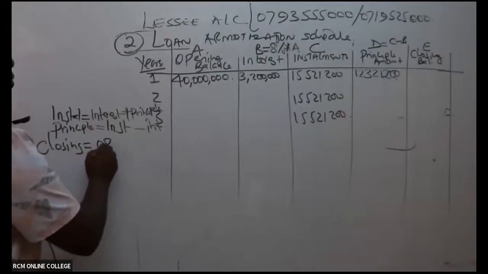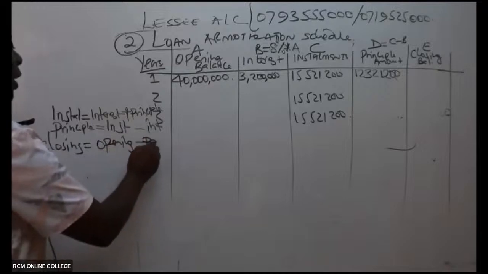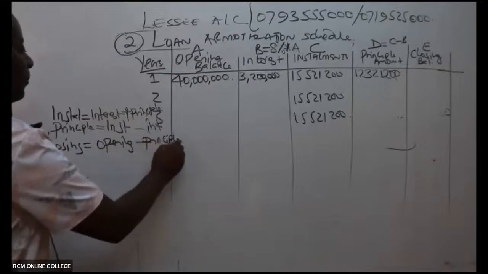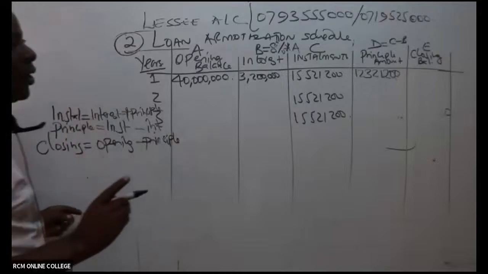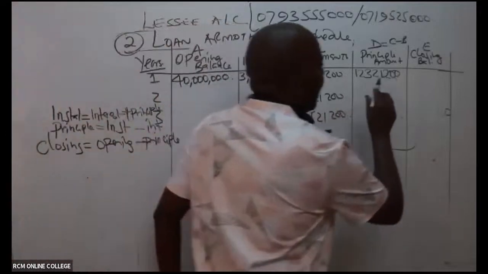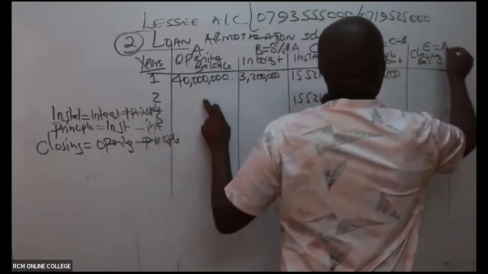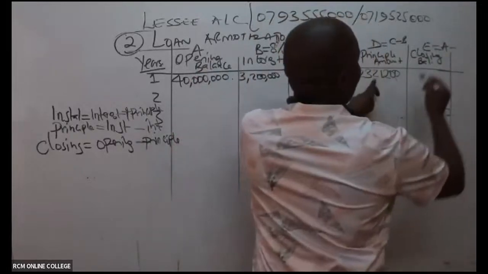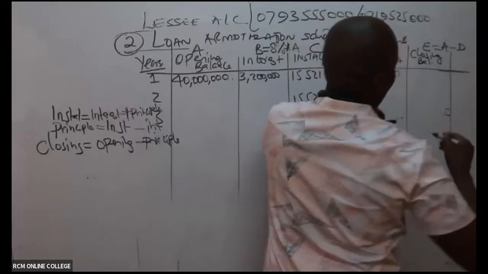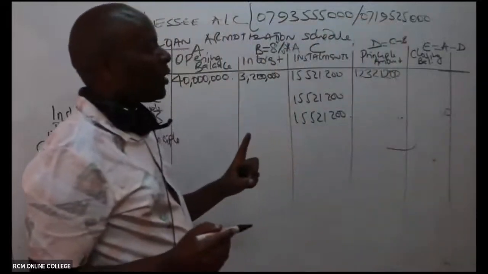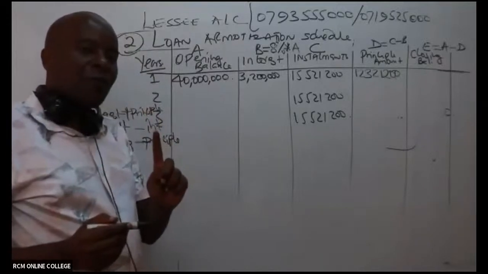Don't subtract interest. So to get closing E, you take the opening, which is A, minus the principal, which is D. It's only principal amount that can reduce my loan.